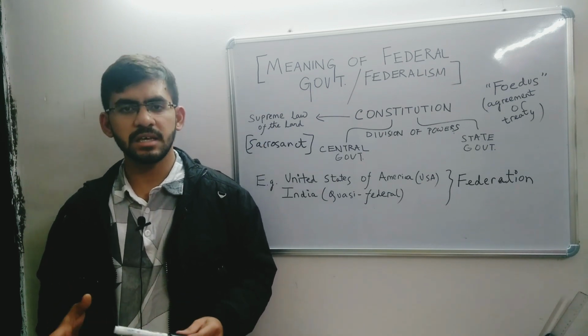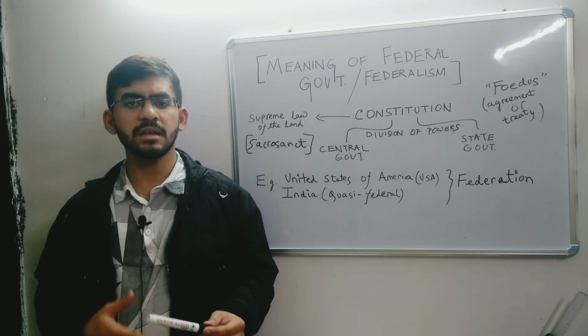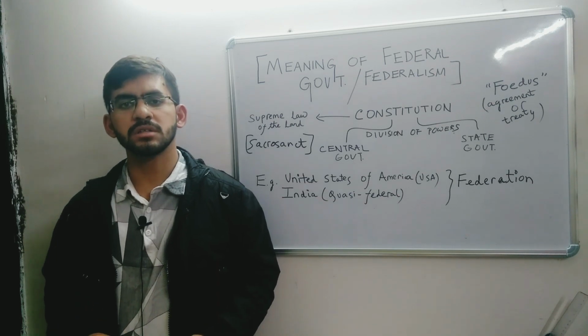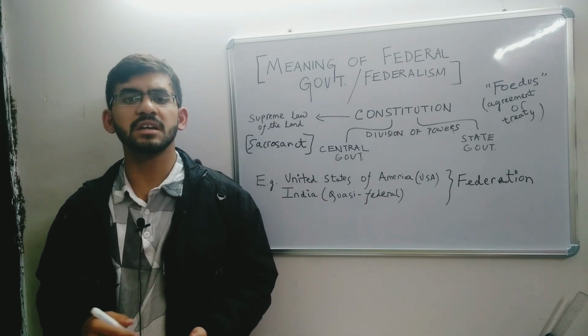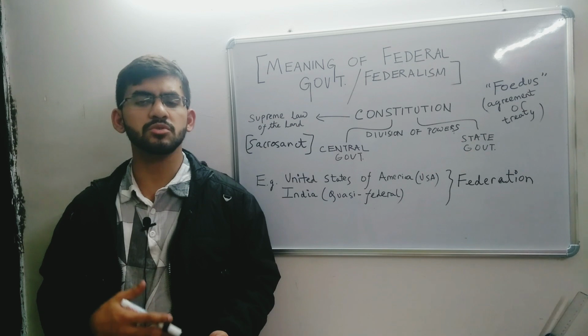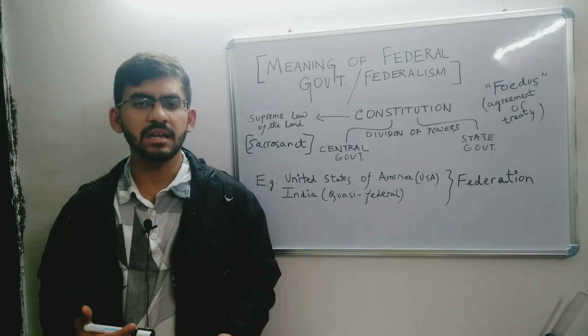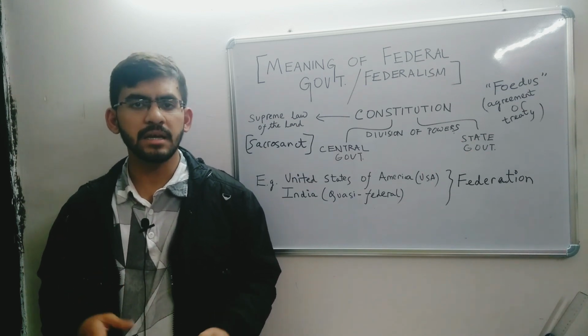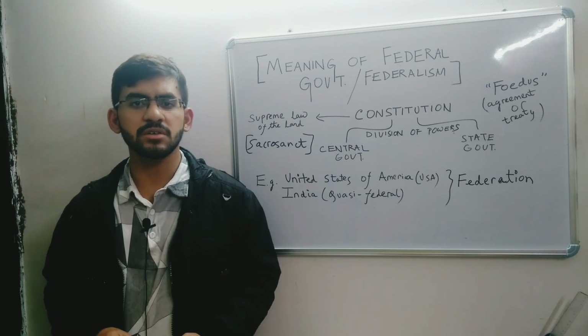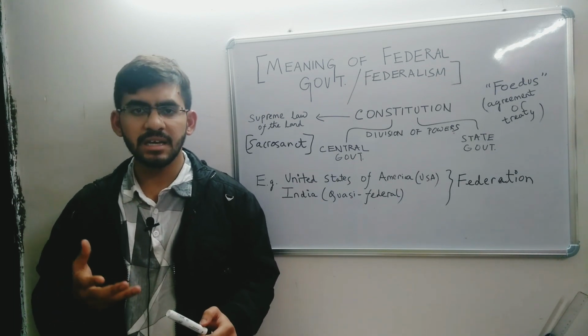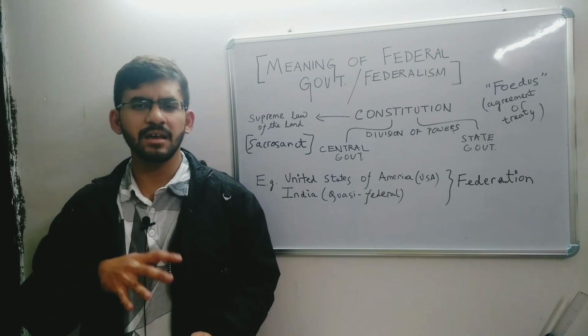So we can see that in a federal state, the constitution is usually written because it has to be really detailed in nature for implementing the entire system of division of powers. For example, India is not exactly a federal state.